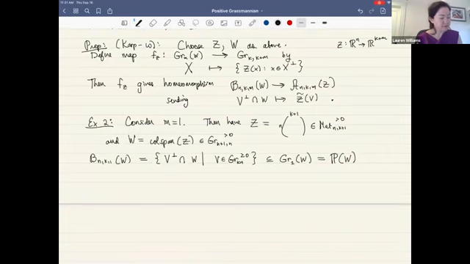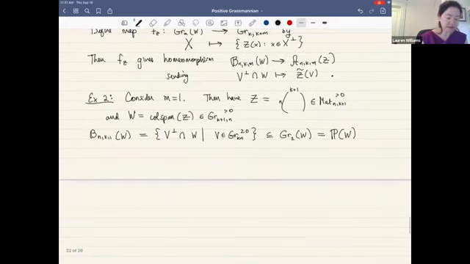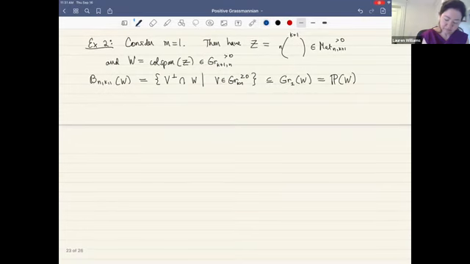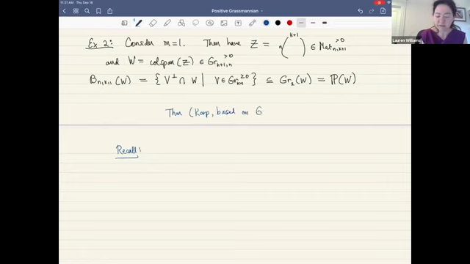Okay, so now let me recall a theorem that I mentioned yesterday. This was a theorem first written down by Stephen Karp, based on Gantmacher and Krein's work from the 1950s.